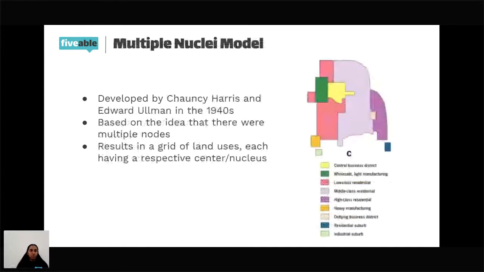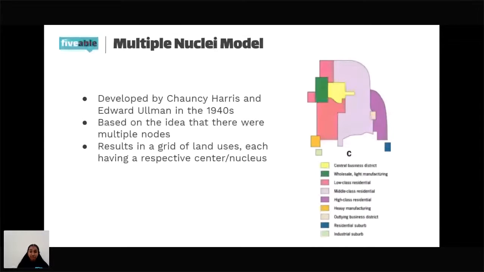The multiple nuclei model was developed by Chauncey Harris and Edward Ullman in the 1940s. It is based on the idea that there were multiple nodes, and it results in this kind of grid of land uses, and each of these land areas has a respective center that it's based around.